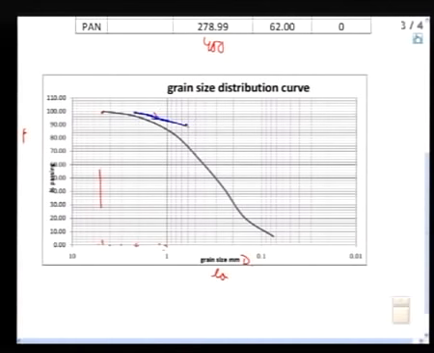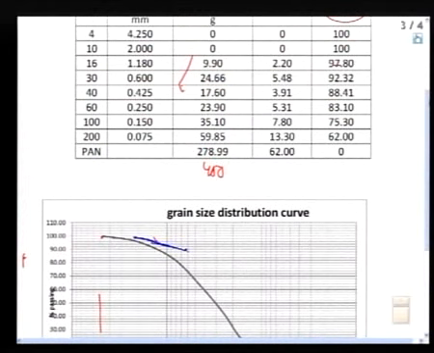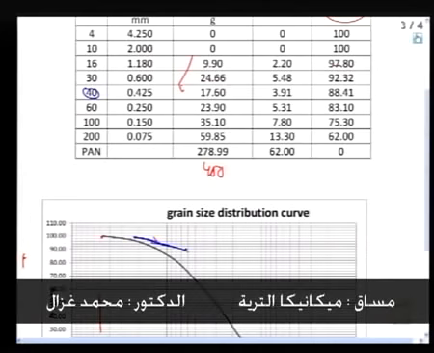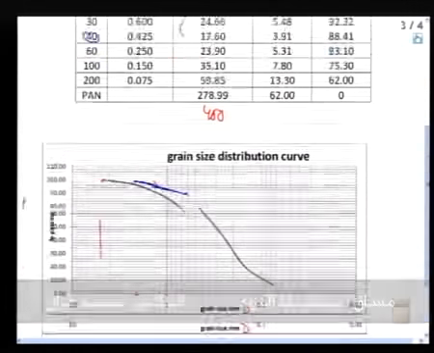Then the next one. How much? Number 40, 0.425. By the way, this is important, but later on. It has 88.1. Then number 60 with its opening, etc. Then the last one, number 200. How much? 62%.